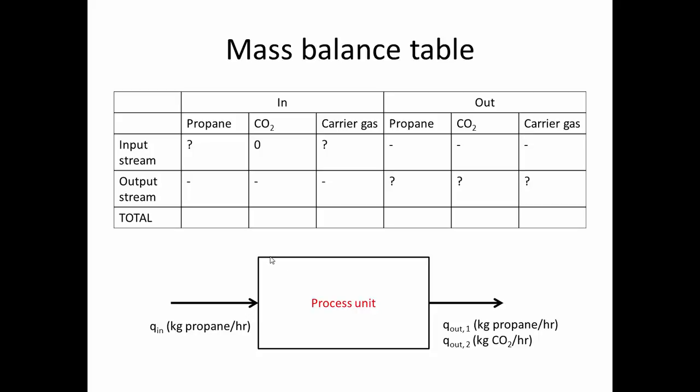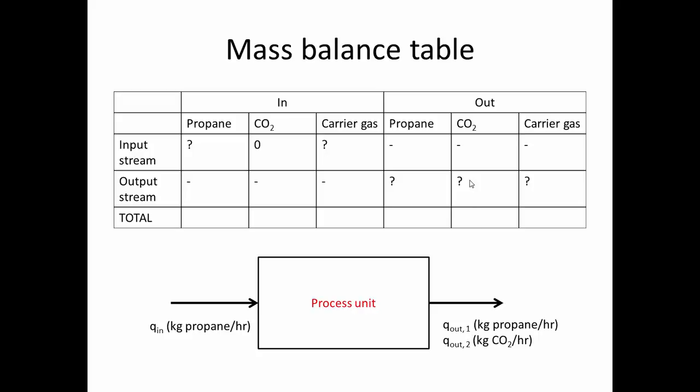So we could potentially set up a mass balance table that can show us these things. So again, we know we have an input stream, we have an output stream, and something is going on in the process unit right here to convert propane to carbon dioxide. So we have a certain amount of propane going in the input stream, no carbon dioxide, and we have carrier gas potentially. In the output stream, we have a certain amount of propane going out.